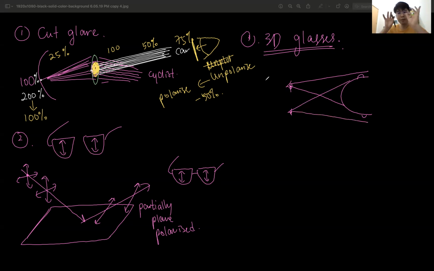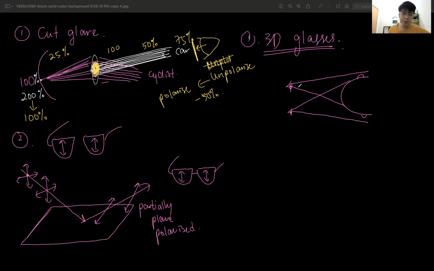Both eyes receive light rays from different perspectives. Your brain then, based on all this information, forms a sculpture, like a 3D sculpture of the object, and allows you to see in 3D.